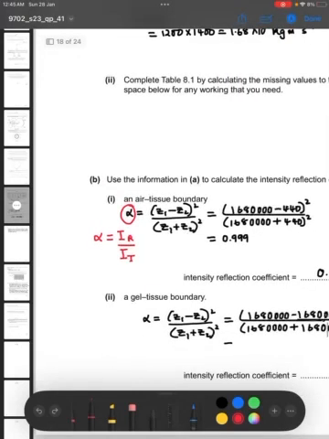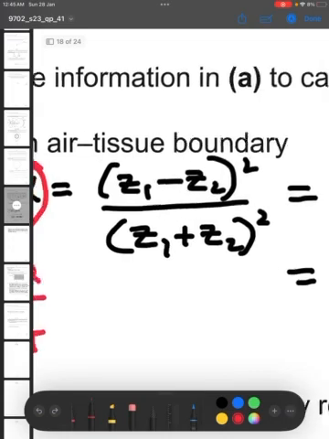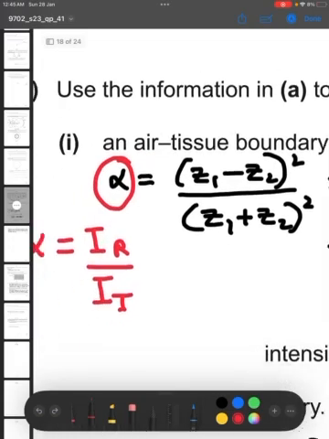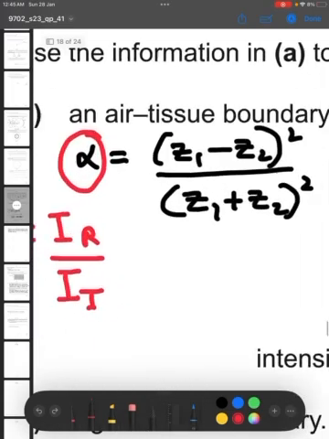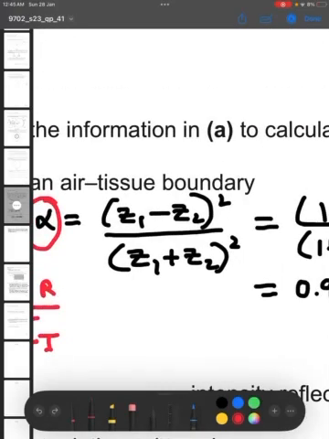Okay. So use the information in A to calculate the intensity reflection coefficient for an air tissue boundary. So alpha is equal to Z1 minus Z2. What does Z1 minus Z2 represent? Alpha is the ratio of the reflected intensity over the incident intensity. If you have the reflected intensity and the other intensity, you can calculate alpha like that.